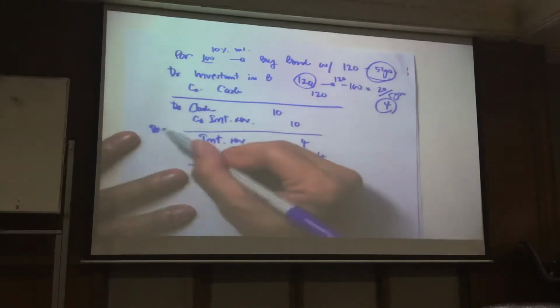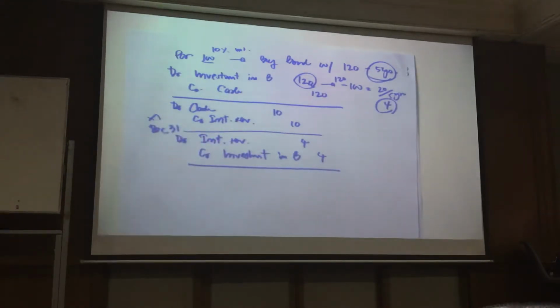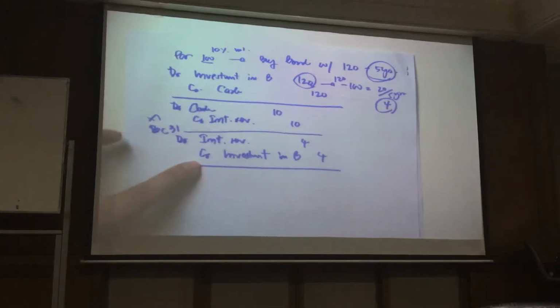So at December 31st of year 1, what is the book value of the bond? 120 minus 4, you get 116. So the cost dropped from 120 to 116. Year 2 you do it again, and again, until 5 years.